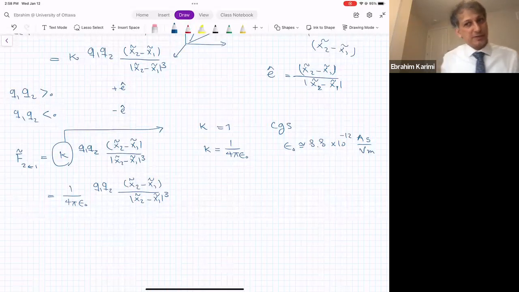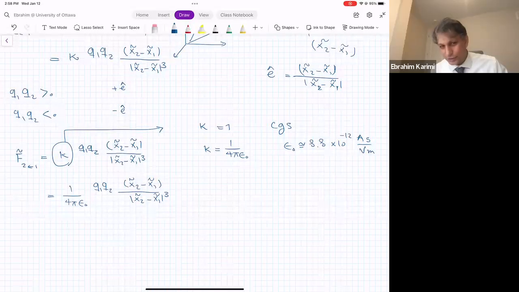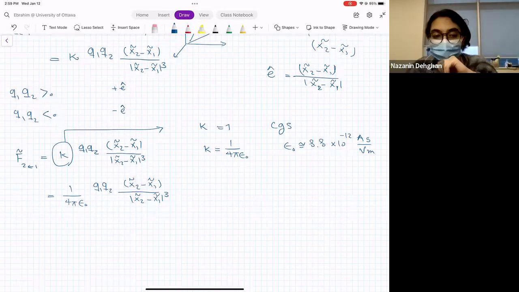No, that's an experimental value. We get these relations somehow from Gauss's law, but we will discuss that. It's a different scenario, but everything started experimentally. Okay, thank you. No, of course.